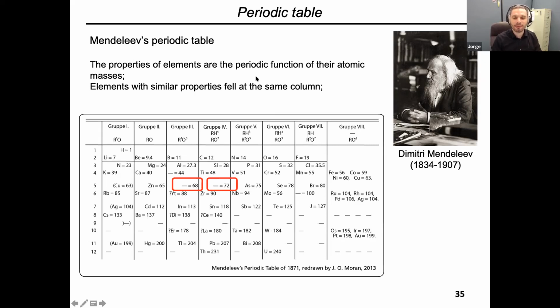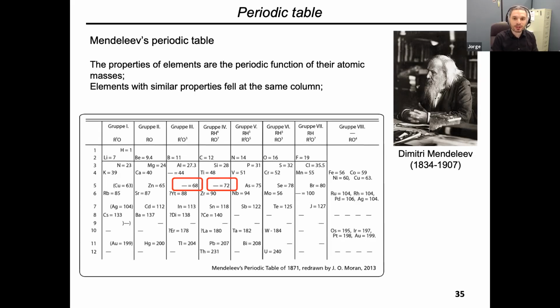But Mendeleev was a genius. His organization of the elements was outstanding considering what was available at the time. His idea was that the properties of elements are a periodic function of their atomic masses.